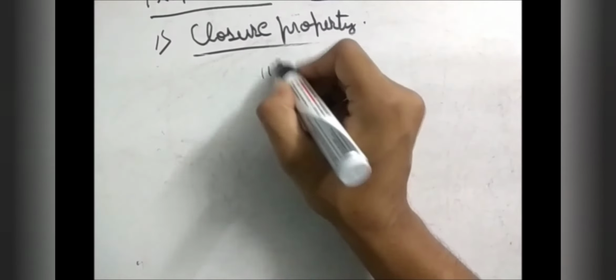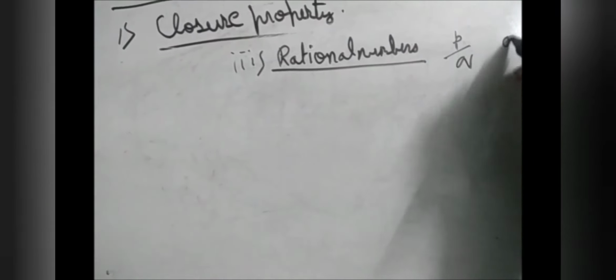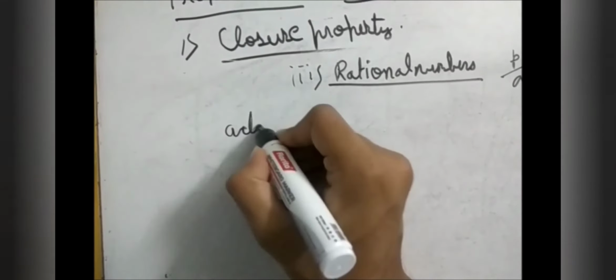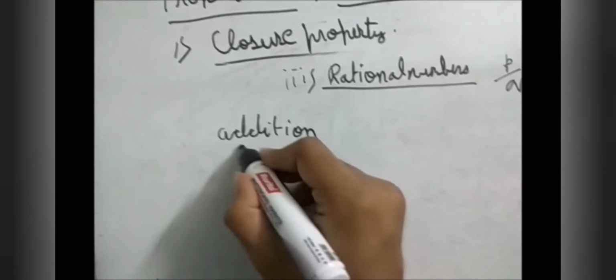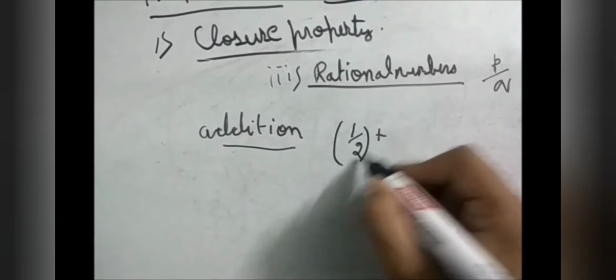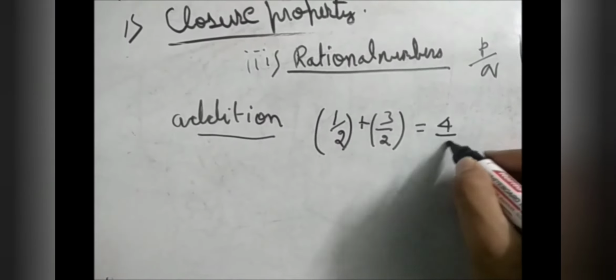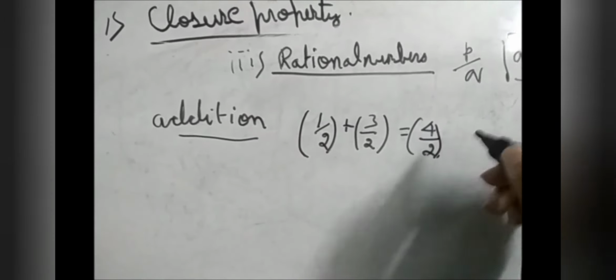Now let's take the third one, rational numbers. We know that it must be of the form p by q and q must not be equal to 0. This is the condition. Now let's take addition. 1 by 2 is a rational number and 3 by 2 is also a rational number, which will give 4 by 2, a rational number.